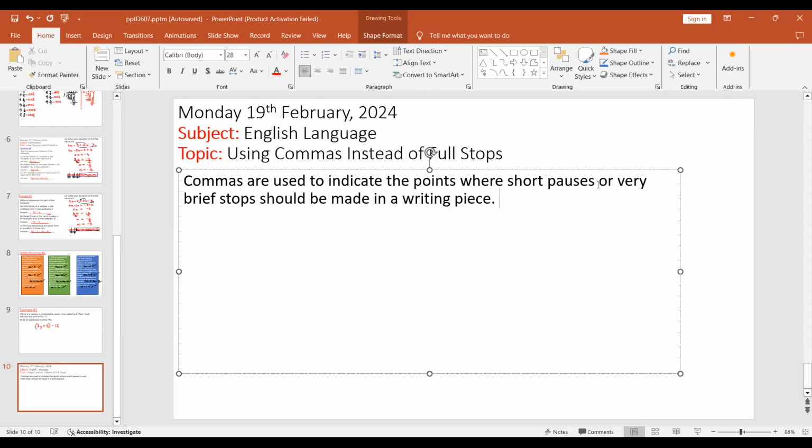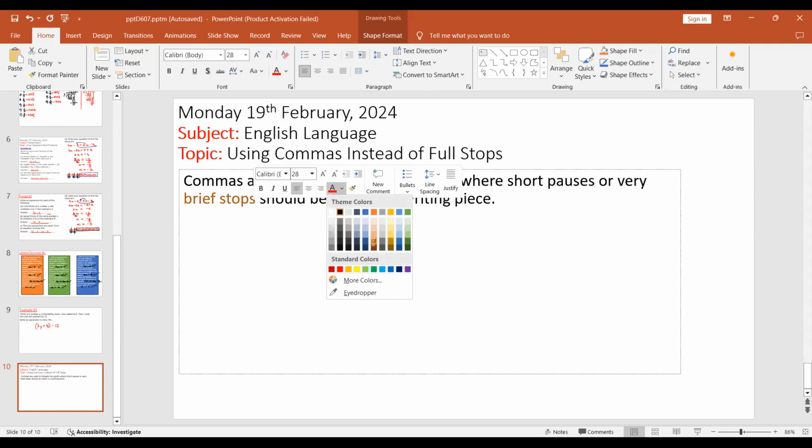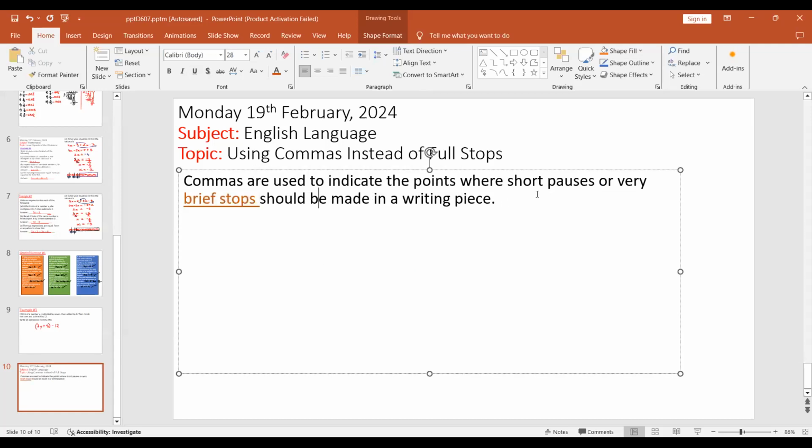I notice that a lot of persons, when they are reading, see a comma and just run straight through it. No, if you see a comma, you have to make a short pause or a brief stop just to make it make sense. All right. So brief stops and short pauses for commas.